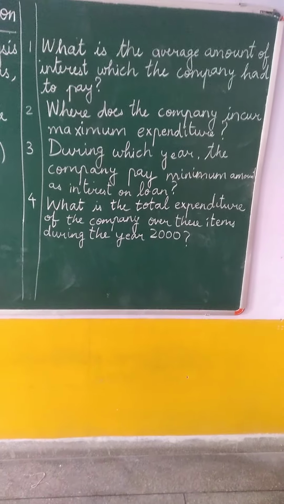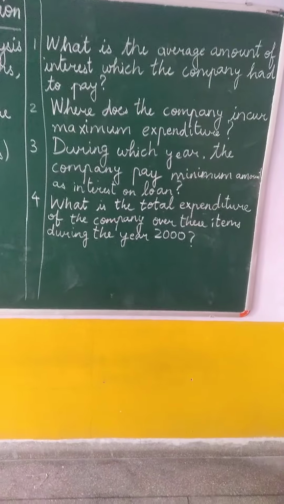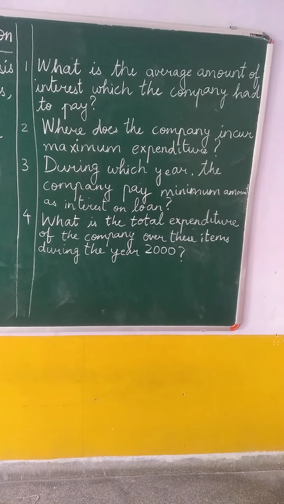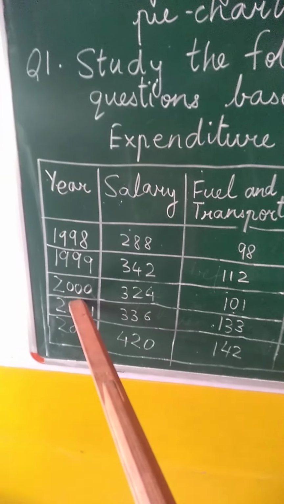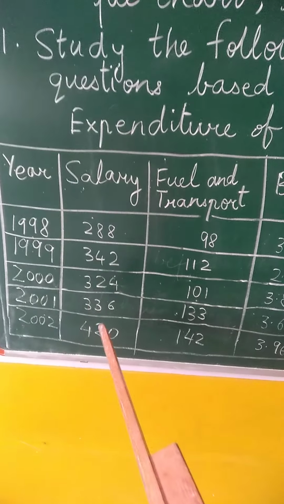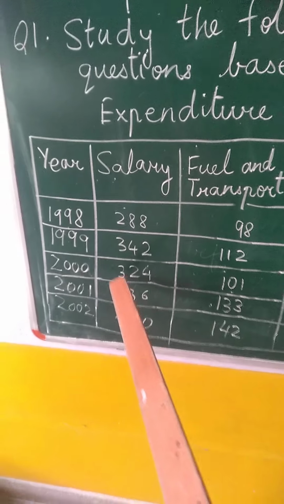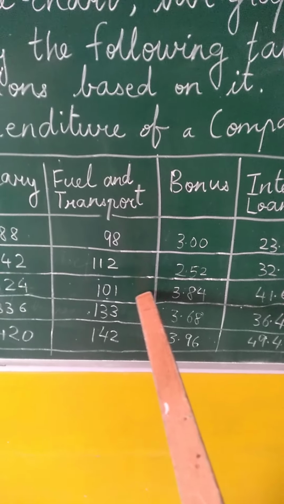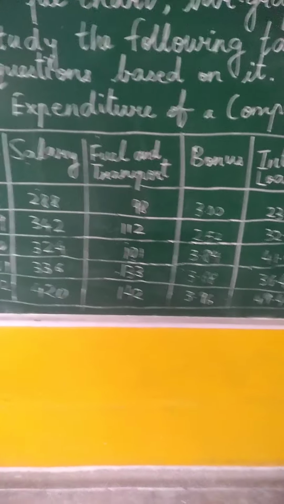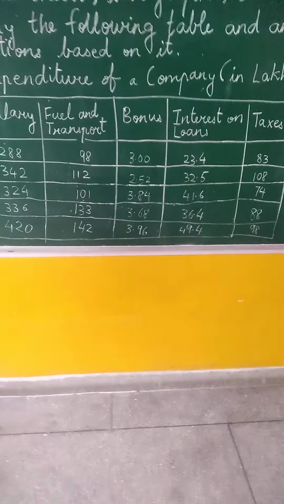Clear? Then fourth question, what is the total expenditure of the company over these items during the year 2000? So they are just talking about the year 2000. We will have a look at the year 2000. In order to find out the total expenditure, we will add all the expenditure incurred in the year 2000 on different heads, like salary, fuel and transport, bonus, interest on loan and taxes.